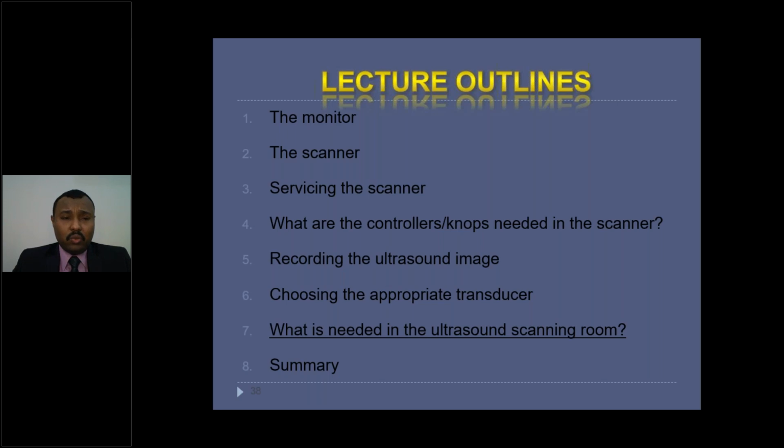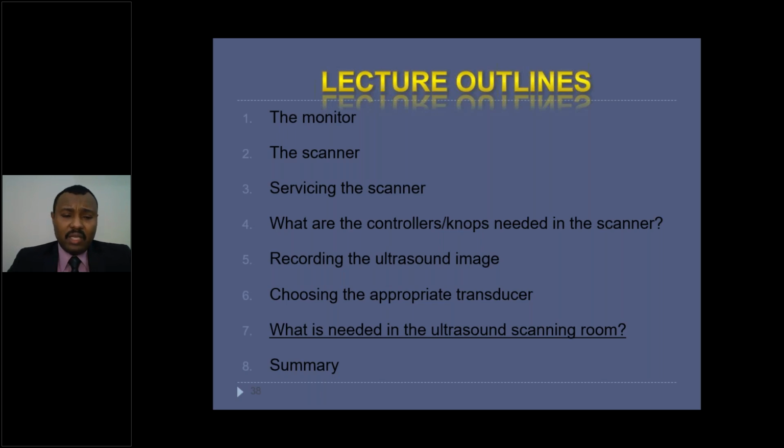And we saw that it is wise to buy an ultrasound machine that is well known in your area, to share expertise between you and your colleagues, and to make sure that spare parts are easily available. Also, I answered a query raised in point number 5 about what controllers or knobs are needed in your scanner and how we can record the ultrasound image. Without forgetting that in point number 6, I addressed information regarding choosing the appropriate transducer.